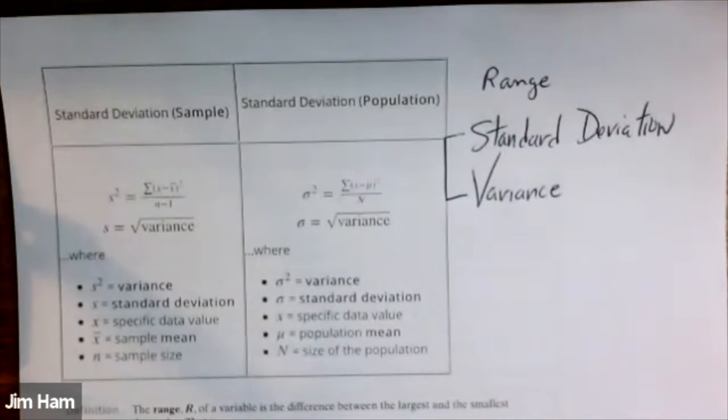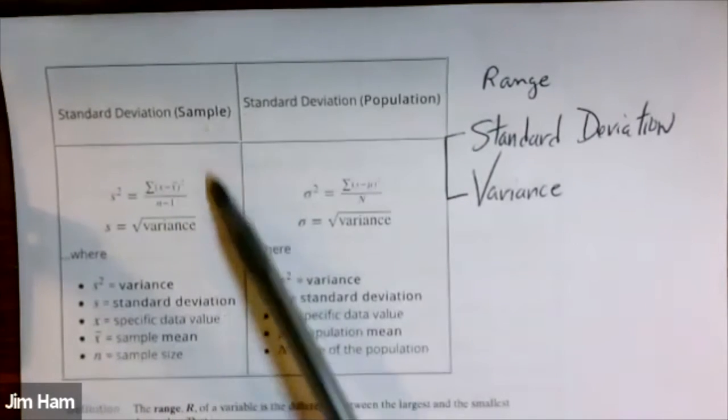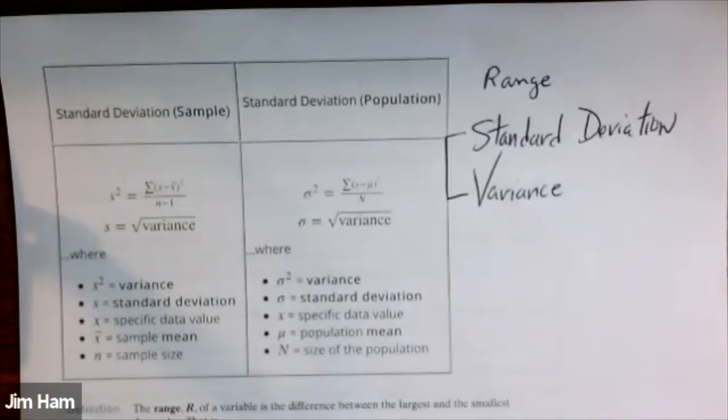But those are the 3 measures of spread, dispersion, that we typically calculate in a statistics class. The formulas are very complicated, and so we normally allow the technology to calculate the standard deviation and the variance for us. The only time we would ever calculate this by hand is if we had some very nice numbers and it was a small number of data values. Otherwise, the calculation is too difficult.